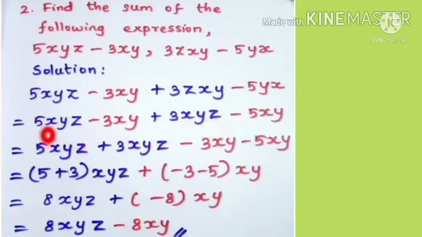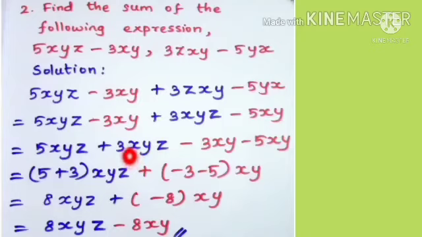So 5xyz minus 3xy plus this 3zxy can be written as 3xyz, and also minus 5yx can be written as minus 5xy. The order in which we multiply two integers does not matter. By using this commutative property under multiplication, we can write 5yx as 5xy.